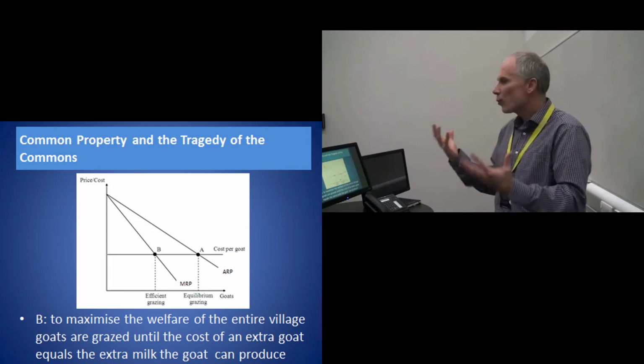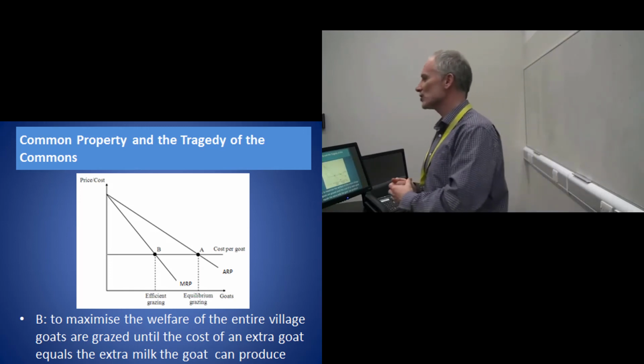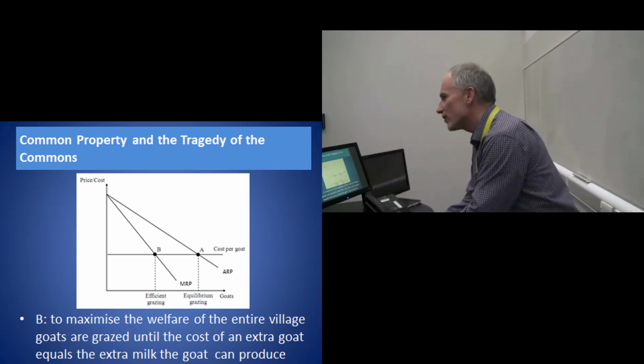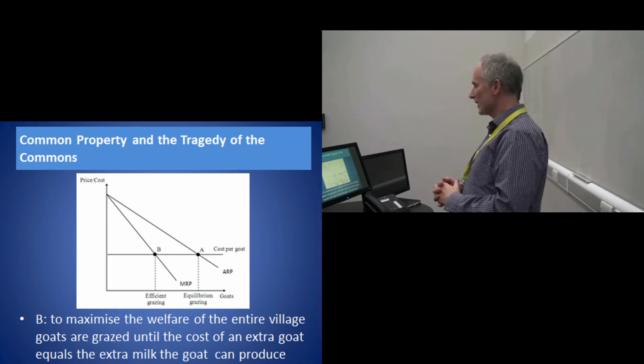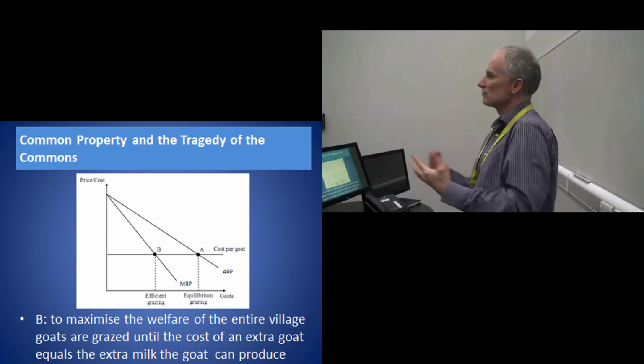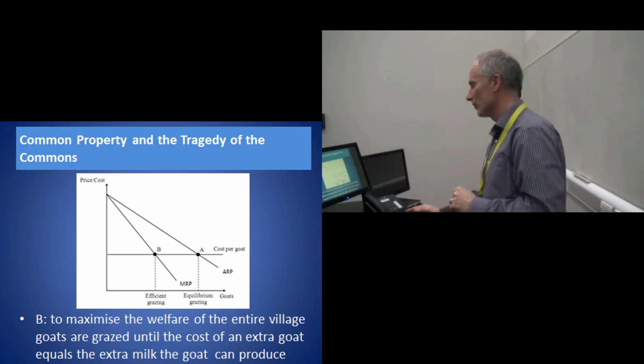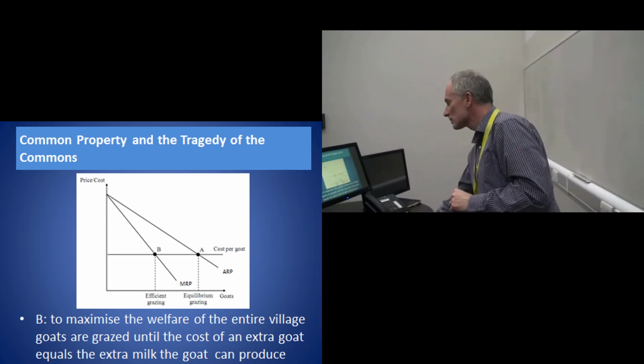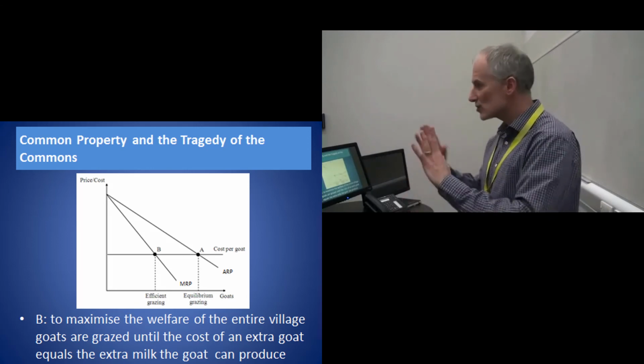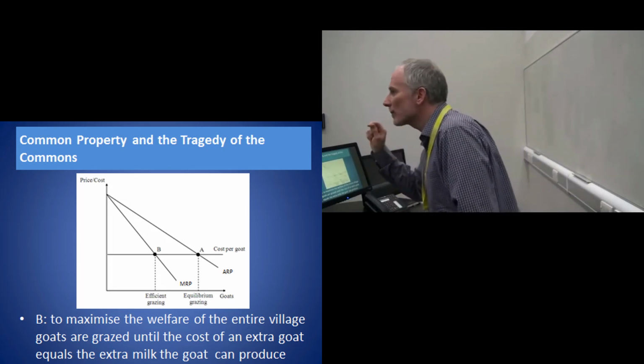Now what would that welfare maximising individual do? Well, they would think, if you put a goat on that land, what does it cost the village to own that goat? Well, that's our fixed cost per goat as given there. That doesn't change.